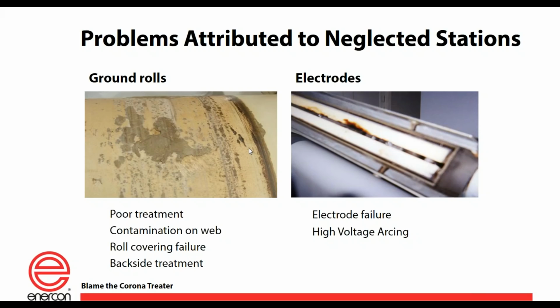Contamination on that web is even causing backside treatment, which Tom will get into in a little bit as well. On the right, the electrodes, you can see that you're just going to have electrode failures and need to repurchase any of those spare parts to maintain your treater and keep it going. But you'll get the high voltage arcing, and that could be an issue safety-wise and for production.